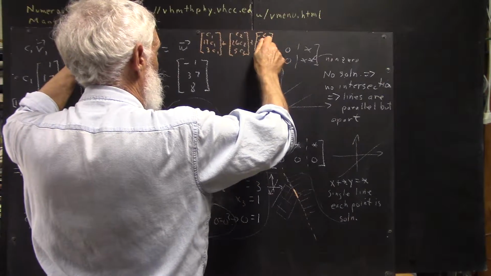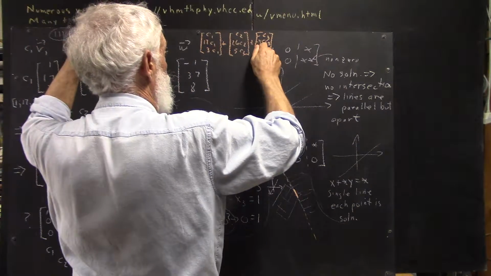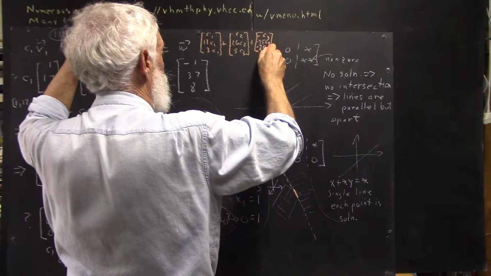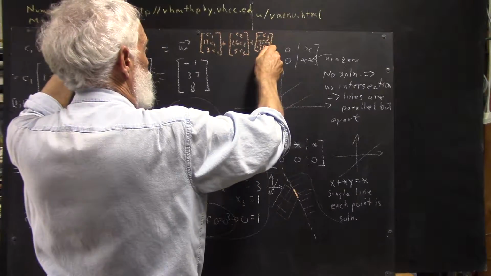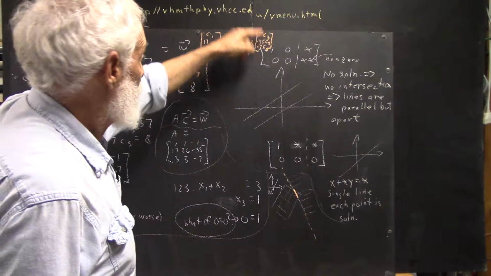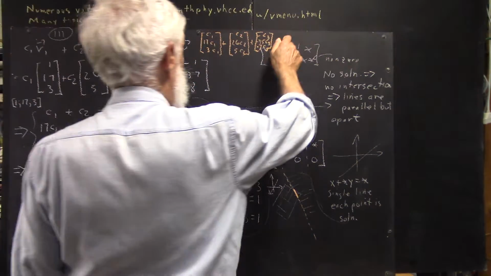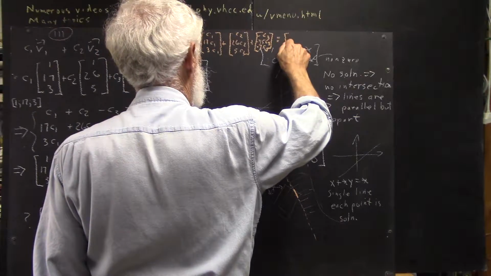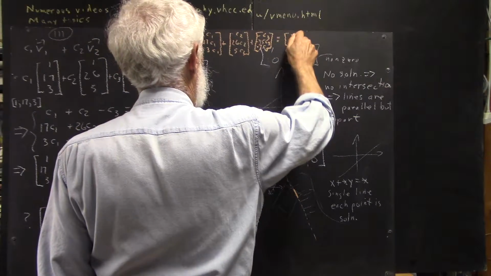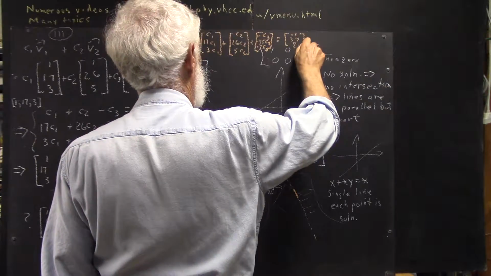But that's negative 35C3. And then negative 7C3. And that 3 is totally illegible. Chalk is just too wide. But I'm just going to have a C3 with each of these. And that's going to equal negative 1, 37, 8.